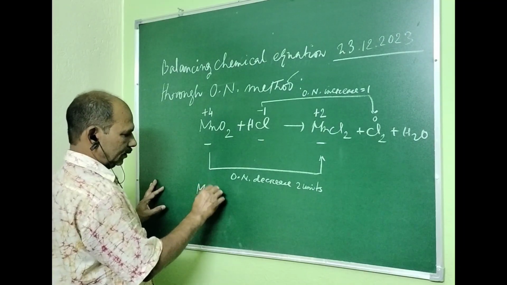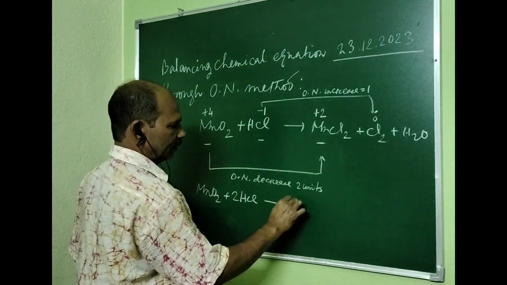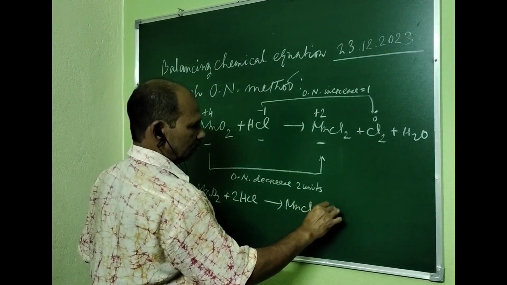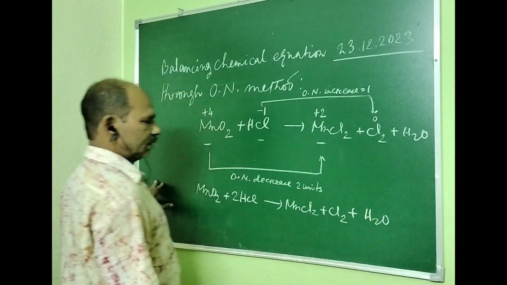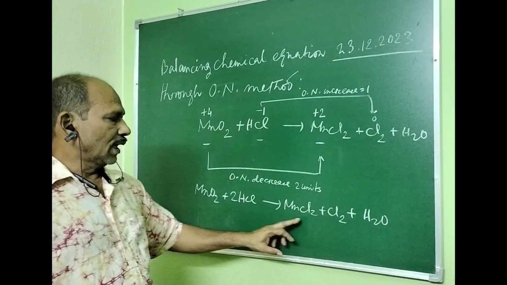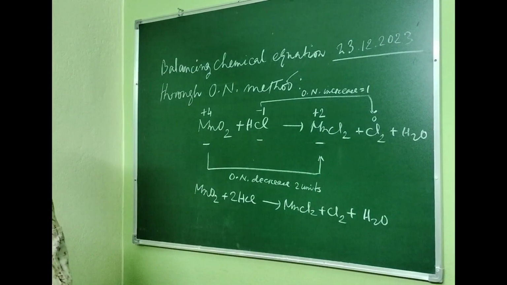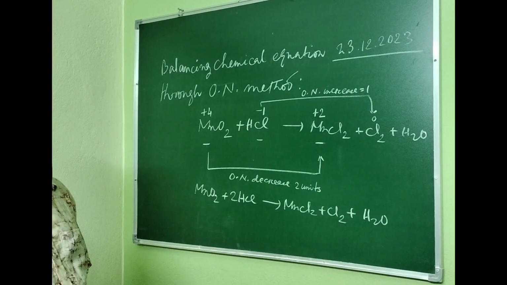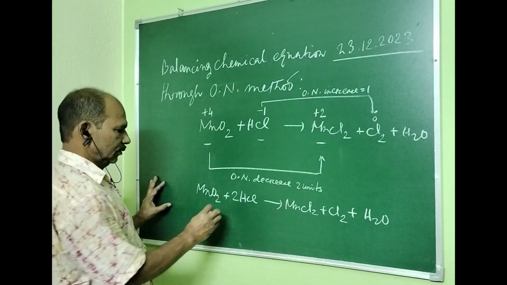So you get MnO2 plus 2HCl to MnCl2, Cl2 plus H2O. But I see in manganese chloride 2 chlorine atoms are required. So to supply these chlorine atoms, 2 additional HCl is to be added in the reaction.